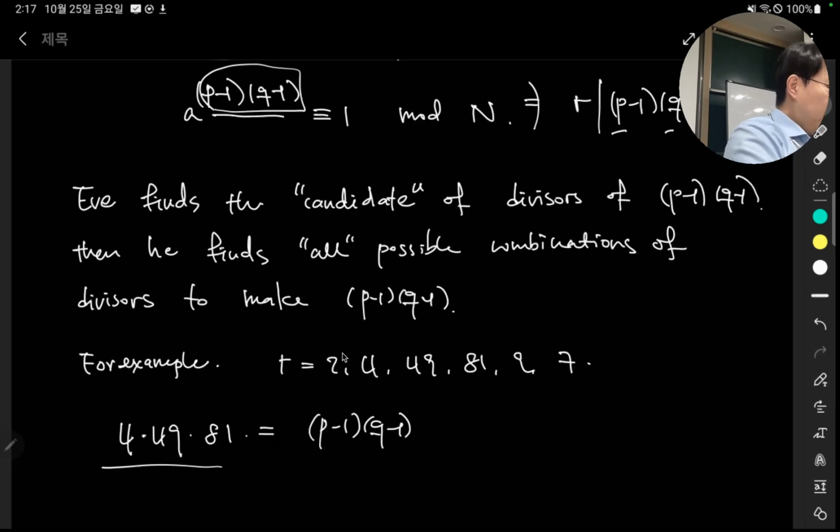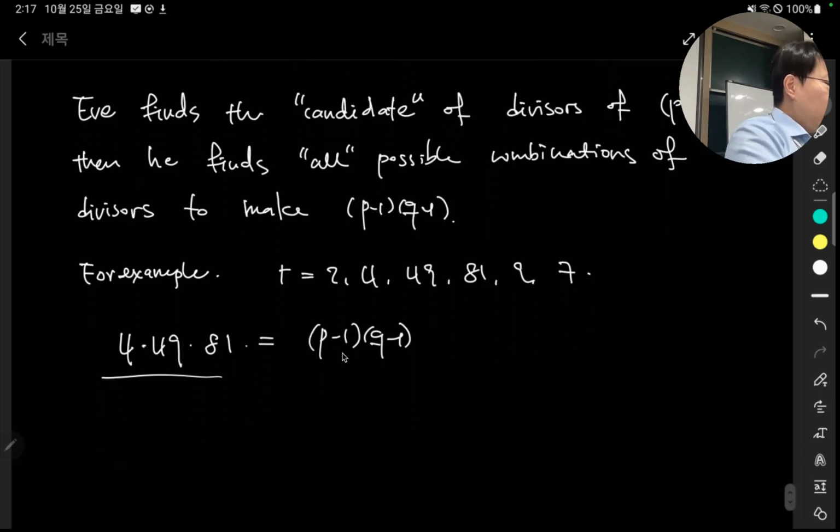Okay? So now, what's Eve's strategy? He tries to find what p and q are. So he tries to deduce what p and q could be. So for example, this is just simply a multiple of 2 integers.